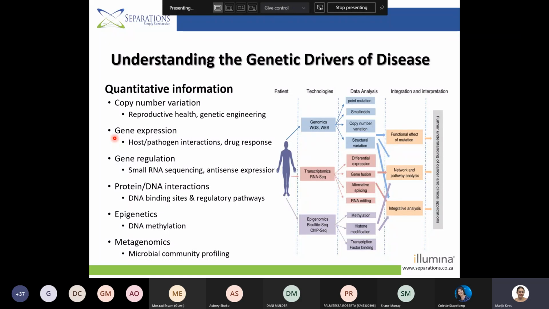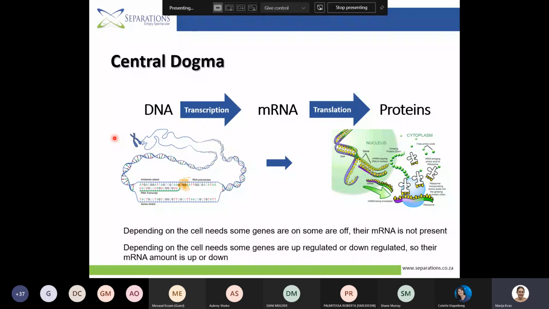Before we dive into different applications, let's go a little bit back. Let's go back to basics, to the central dogma. All of you know that all of our cells have DNA, and that DNA is transcribed into mRNA, which is then translated into different proteins, which we need as building blocks of the cell or for the different processes in the cell itself.